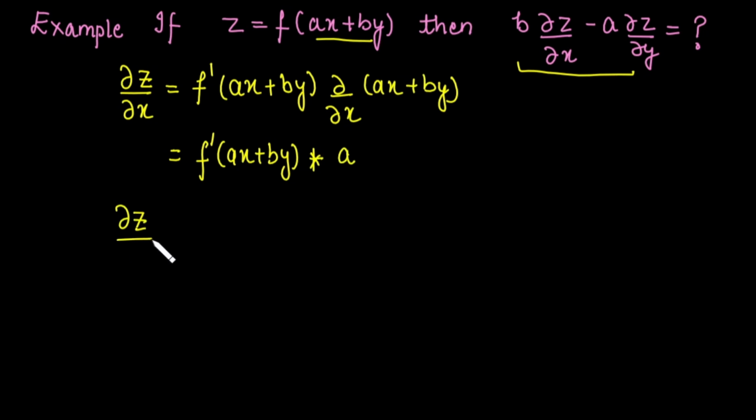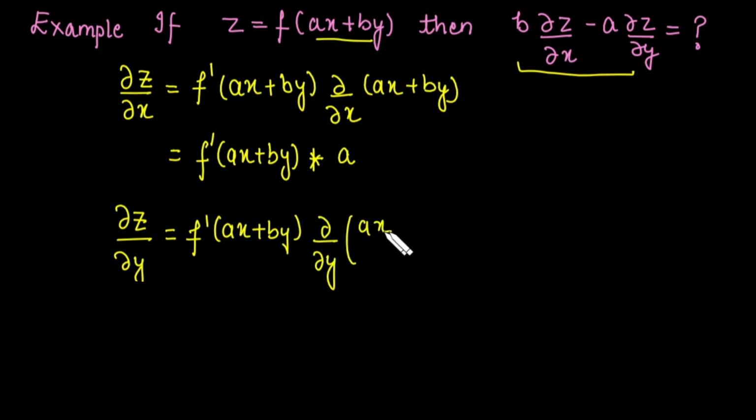Similarly, evaluate the partial derivative with respect to y. We will take its derivative first, then the partial derivative of the internal term with respect to y. This is equal to the derivative of the function times b.